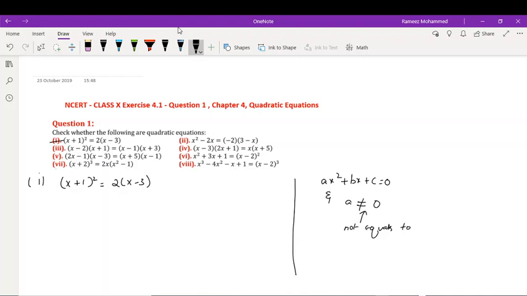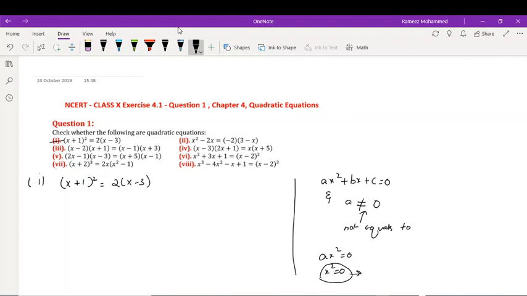So what about b and c? b and c could be equal to 0. Even if they are 0, let's assume b and c are equal to 0, then simply ax square is equal to 0, therefore x square is equal to 0. This is also a quadratic equation, and the roots are 0 and 0.